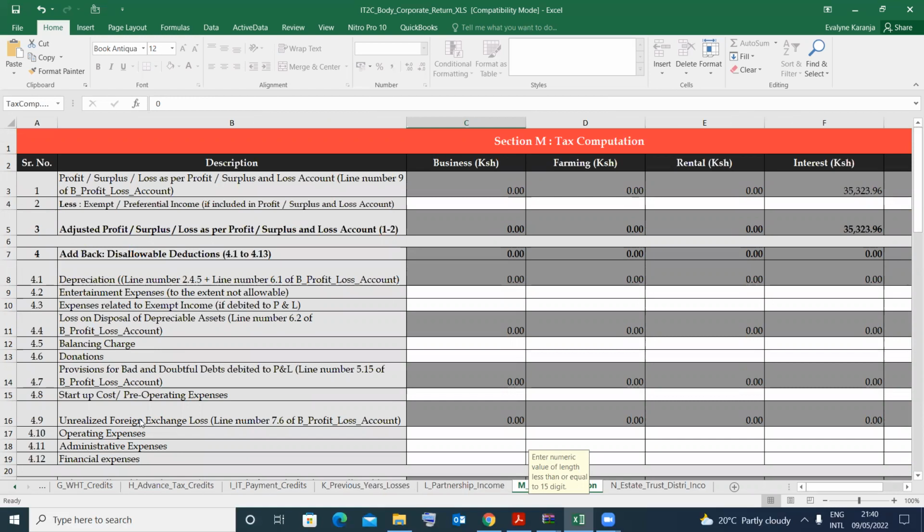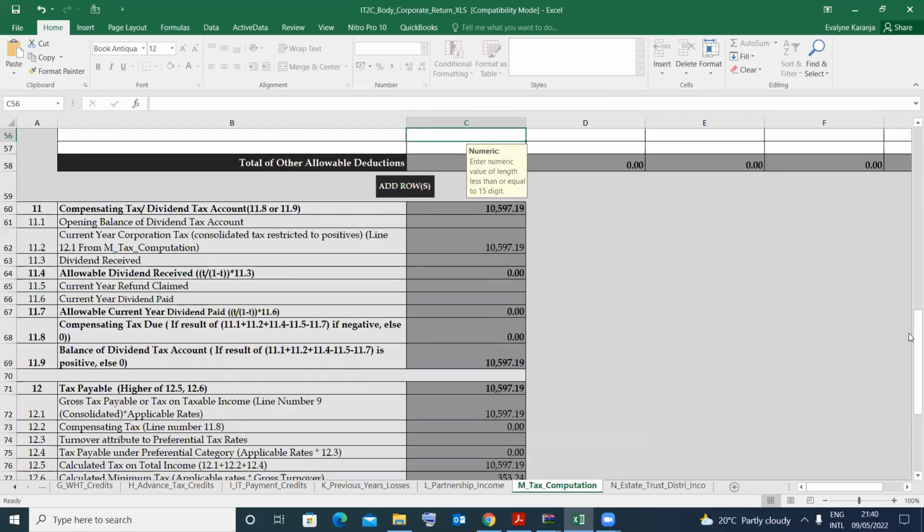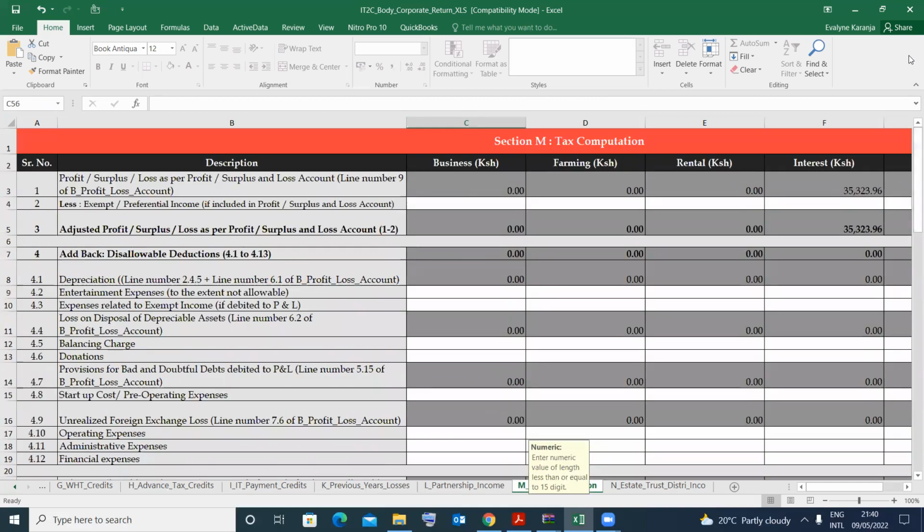Then if, for example, exempt provincial income is included in profit, surplus on the loss account, hizo kama ulikuwa nazo unaweka zote, adjusted profit hizo zote unaweka kutoka nyuma, hauweki hapa. This just gives you a summary. Hii yote ni summary ya kutoka huko nyuma. Ukishaweka data the other side, inakuja inajipopulate hapo.